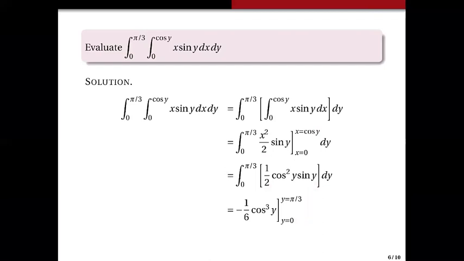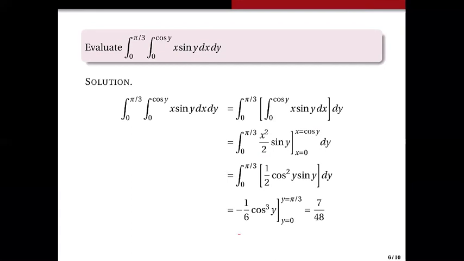And then again, when y equals pi over 3, cosine of pi over 3 is 1/2, and then you cube that. And then you have cosine 0, that's just 1. So in here, we will end up with 7 over 48. So how is that?